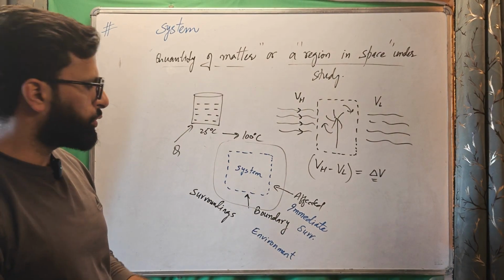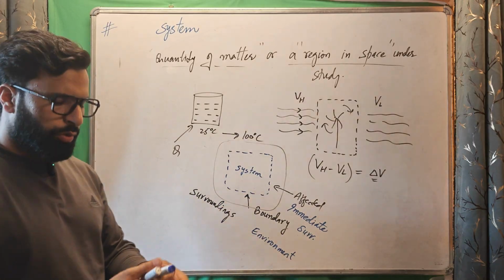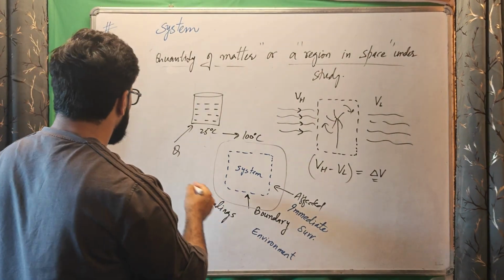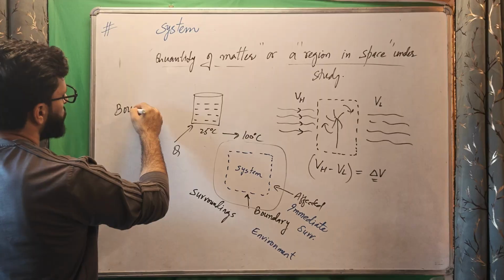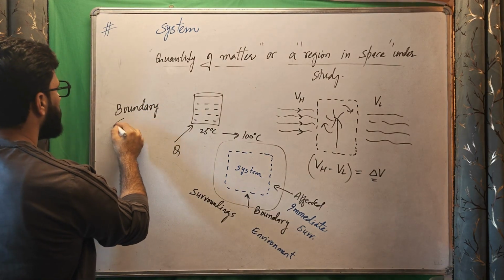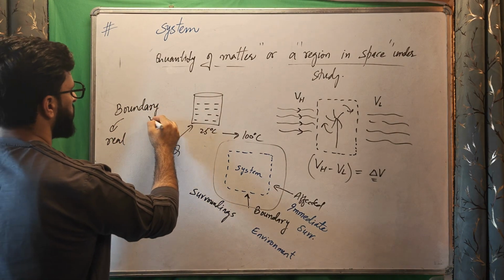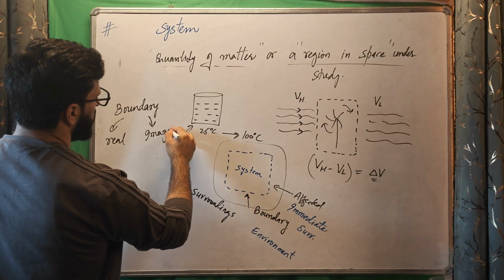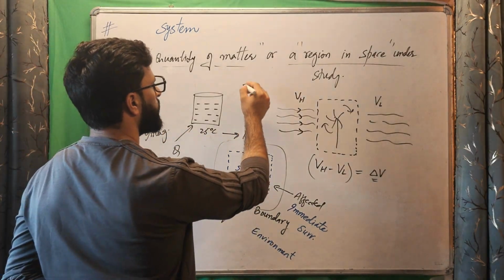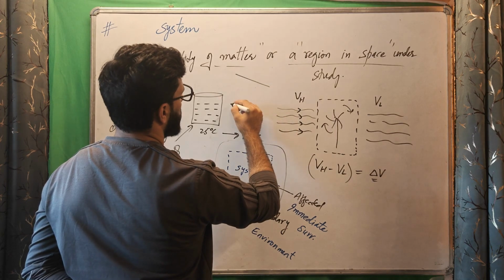Now coming back to the boundary. Boundary can be of two types. A system's boundary can be real or it can be imaginary. For example, consider this nozzle.